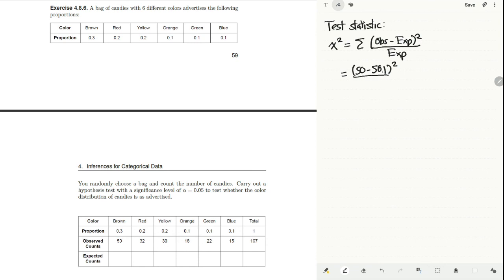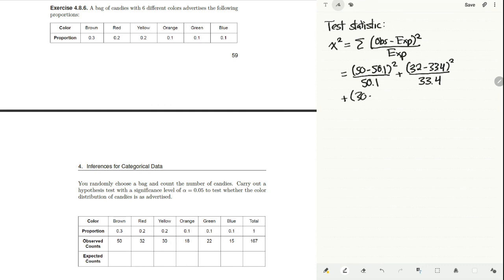So we square that and divide it by the expected, which is 50.1. And then for the red candies, we have 32 observed, then we subtract 33.4 expected, squared, over the expected, which is 33.4. And we do the same calculations for all of the different colors.